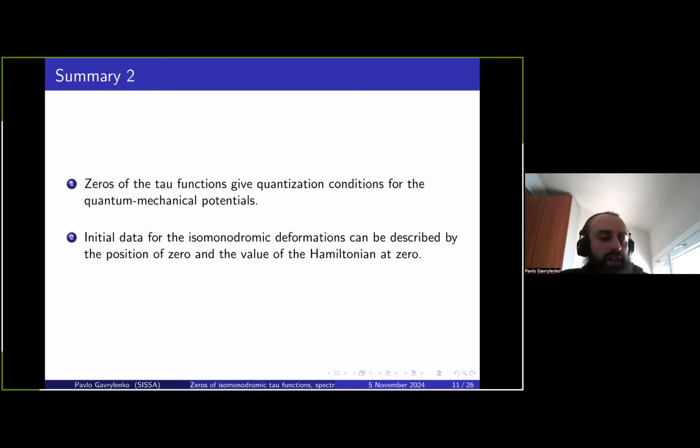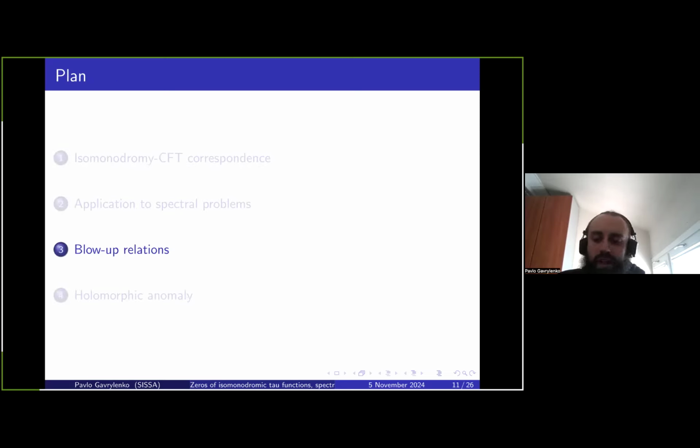And if there is such a solution, then it is described by the position of this pole and the value of the Hamiltonian at it. Are there any questions about this part? Okay, so let's go further.